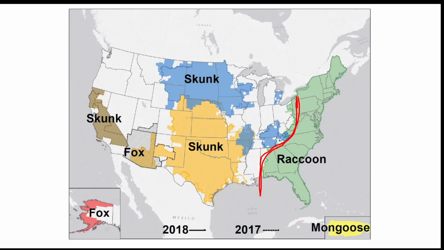But then you have the skunk, which is kept in check by the Rocky Mountains in the west, and by the Mississippi River Valley on the east. And then you have the fox in the desert areas in Arizona, and then you have a different skunk in California. You have fox in Alaska, and mongoose in Puerto Rico.